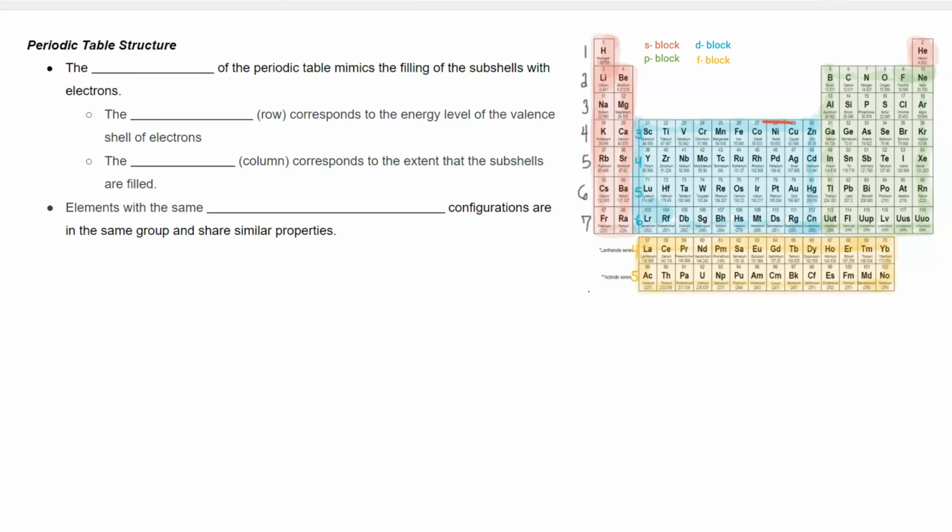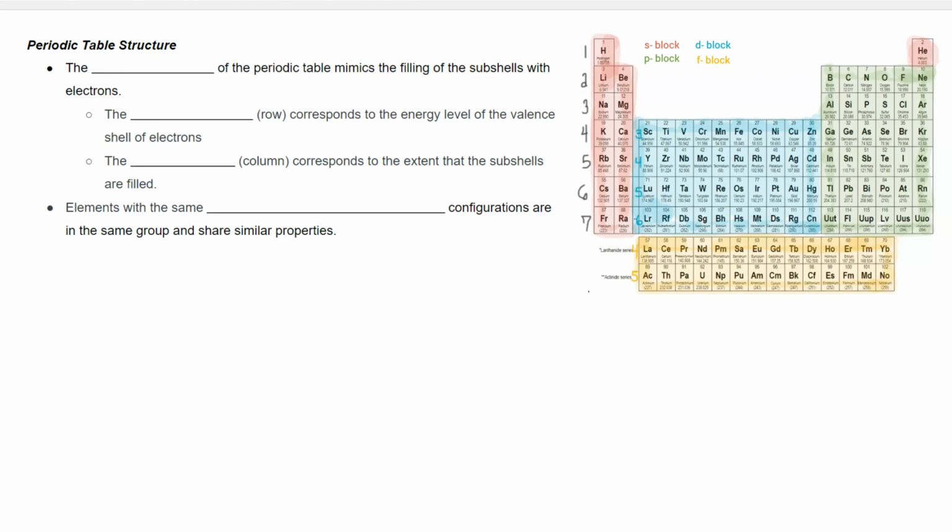So these are the D block elements here in the middle. And then last but not least is the F block. The F block actually fits up here in rows 6 and 7, but it's really 4f and 5f down here. And so as we write out electron configuration, we don't need to use that crisscrossy chart. We can actually use the periodic table.